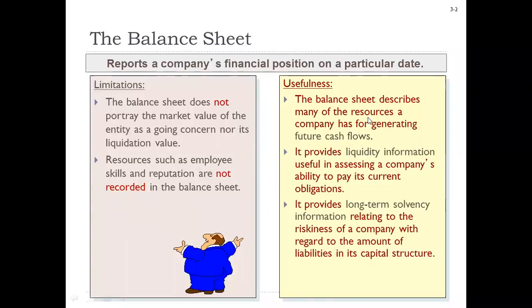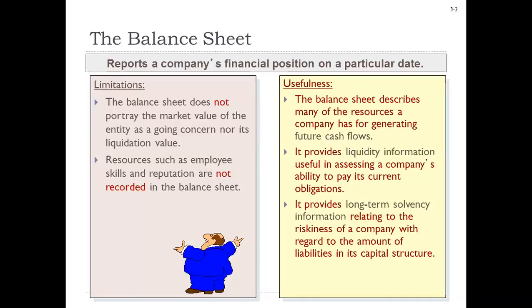So the balance sheet basically shows the resources a company has for generating future cash flows. So that's what the assets are. Those are things that will generate revenues and cash for the company in the future. It provides liquidity information. Liquidity information is how quickly a company is able to pay its debts when they come due.